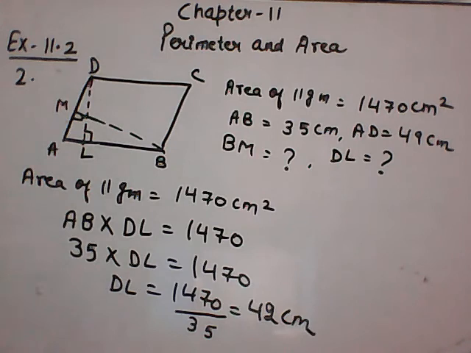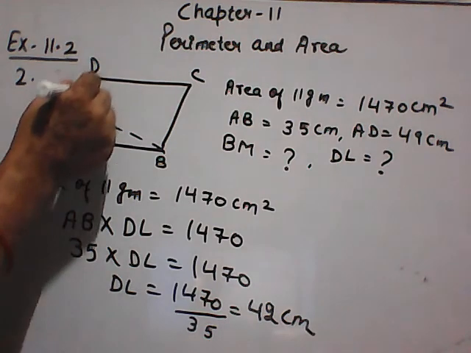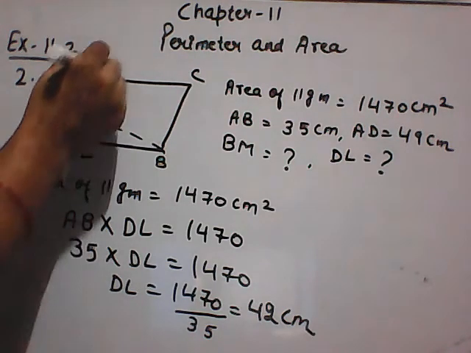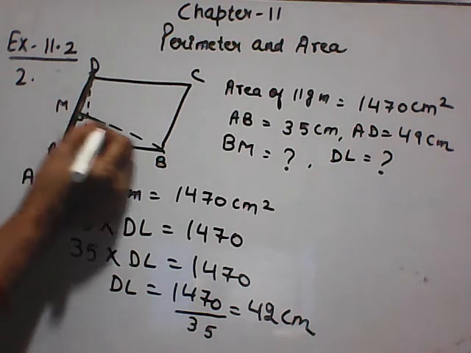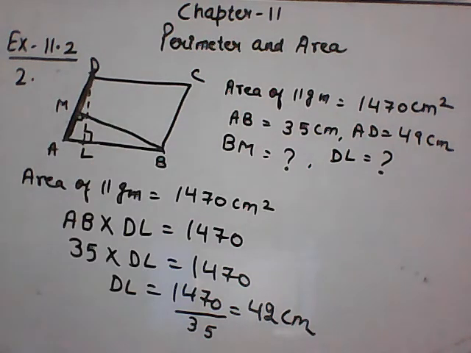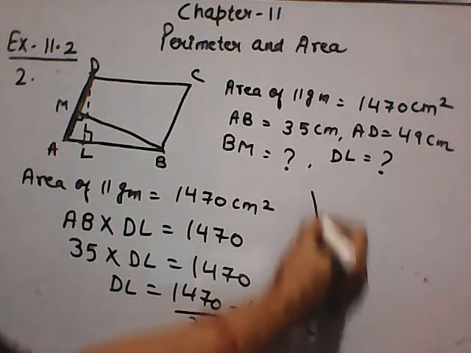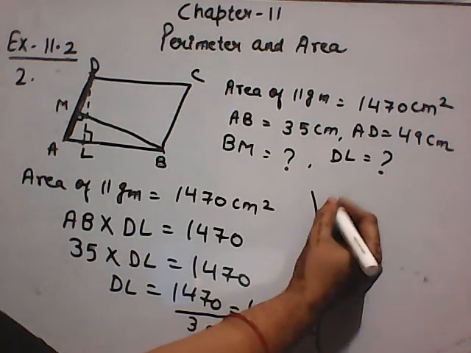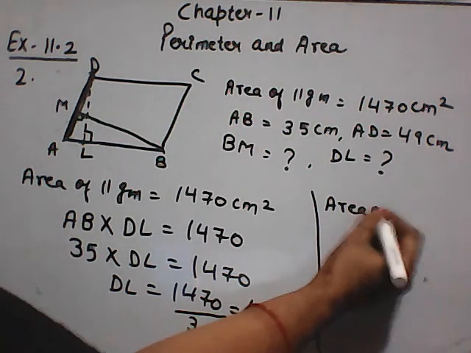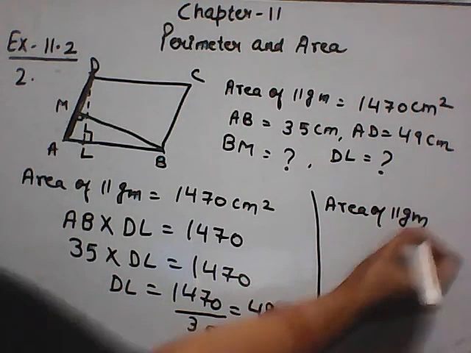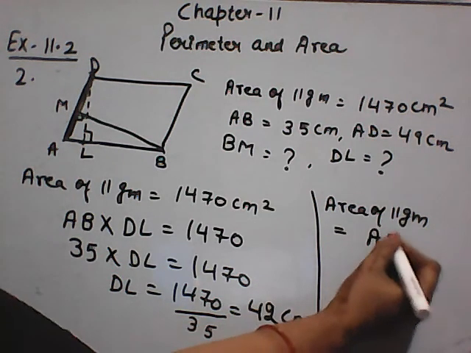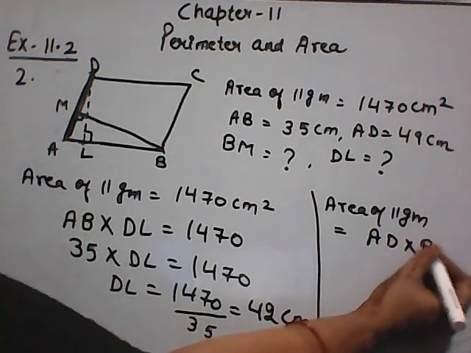In another case, if we take AD as the base of the parallelogram, then BM is the height of this parallelogram. So, area of parallelogram is equal to the base AD and height BM.